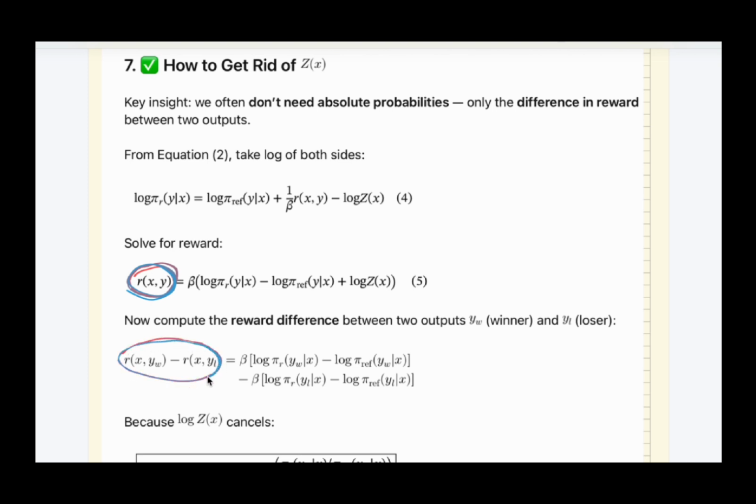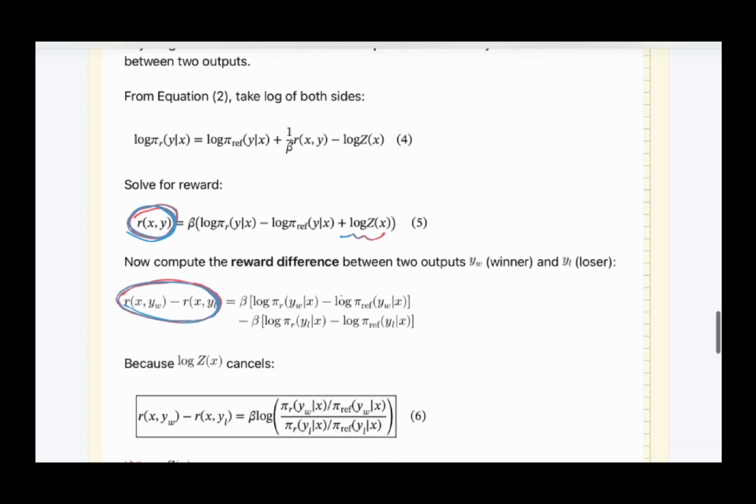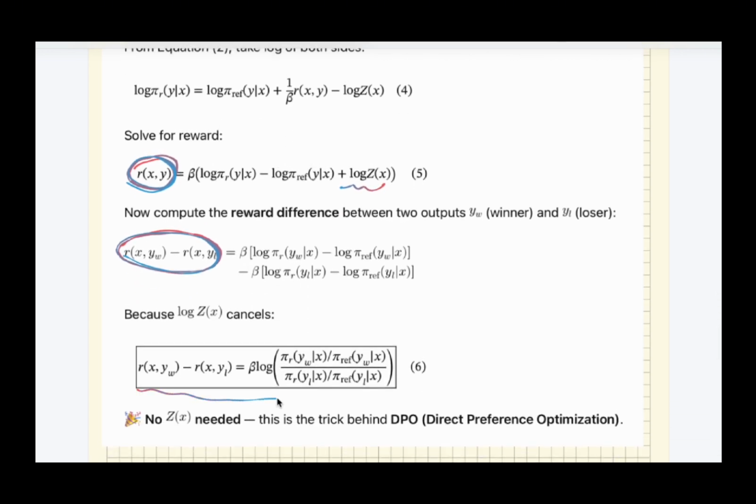And when we compare two of them, we can have this z cancelled out and we get rid of it, and we have this form which is a kind of preference, we can call it, of winning and losing answer.